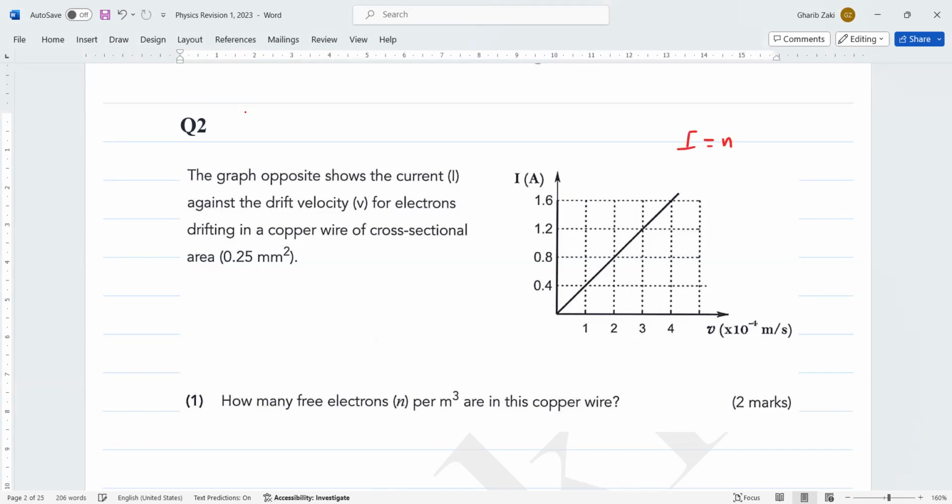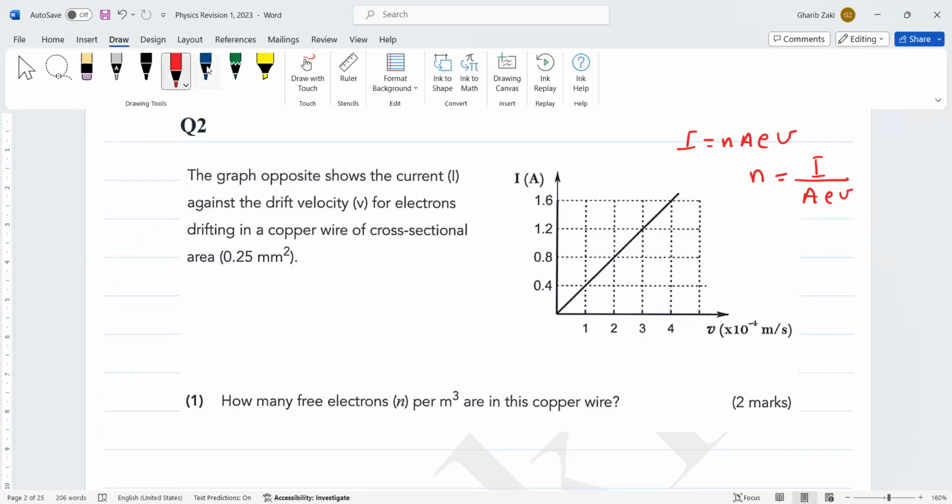I equals N A E V. If we need to get N, rearrange the formula. So N, the number of free electrons per meter cube, equals I, the current, over A E V. I is the current in ampere, A is the cross-section area in meter squared, E is the charge of an electron, V is the drift velocity.